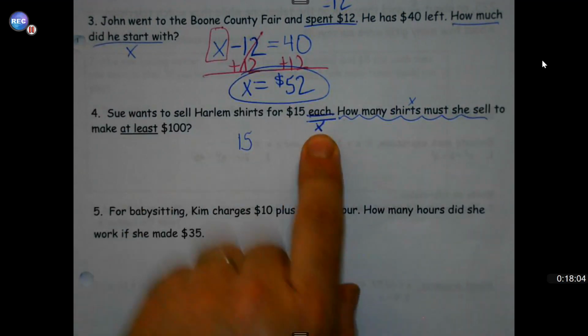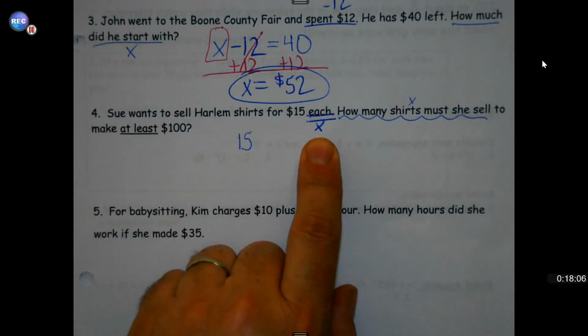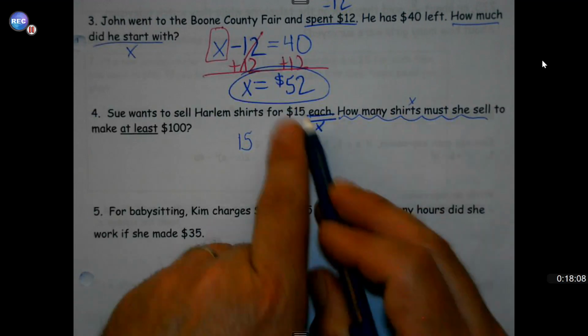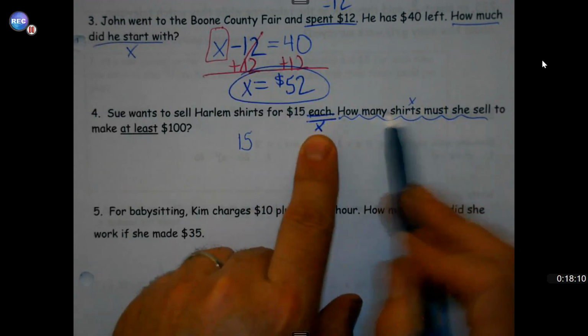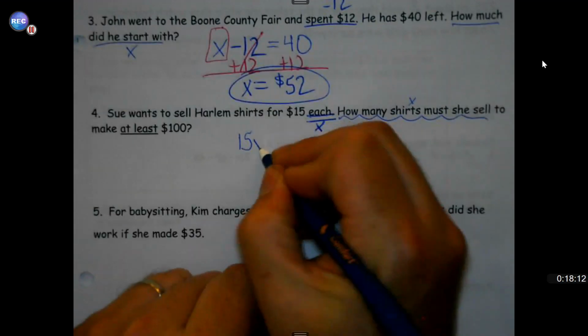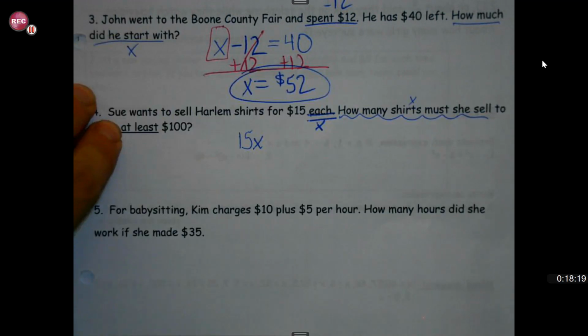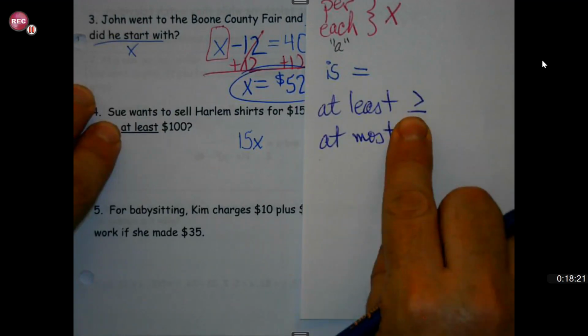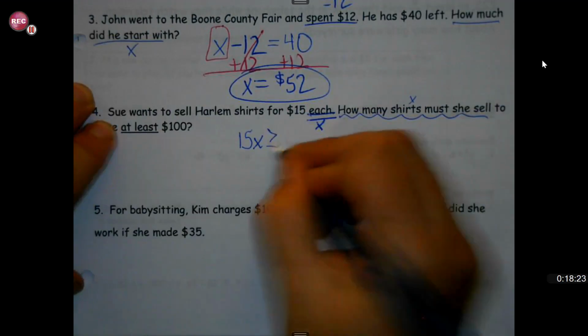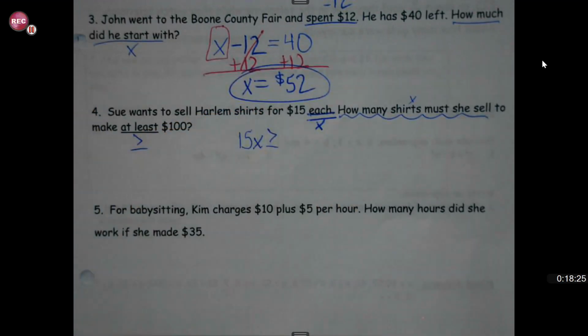We know each means a variable. How many shirts? I'm getting $15 for each shirt. That goes together. So I get $15 for every shirt. I want at least, I'll even put it on here, $100.